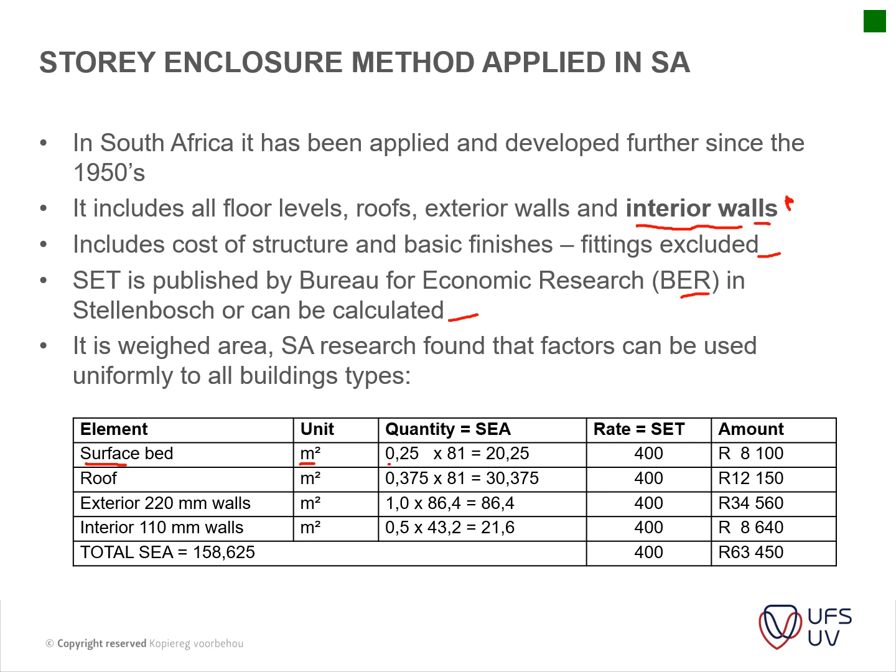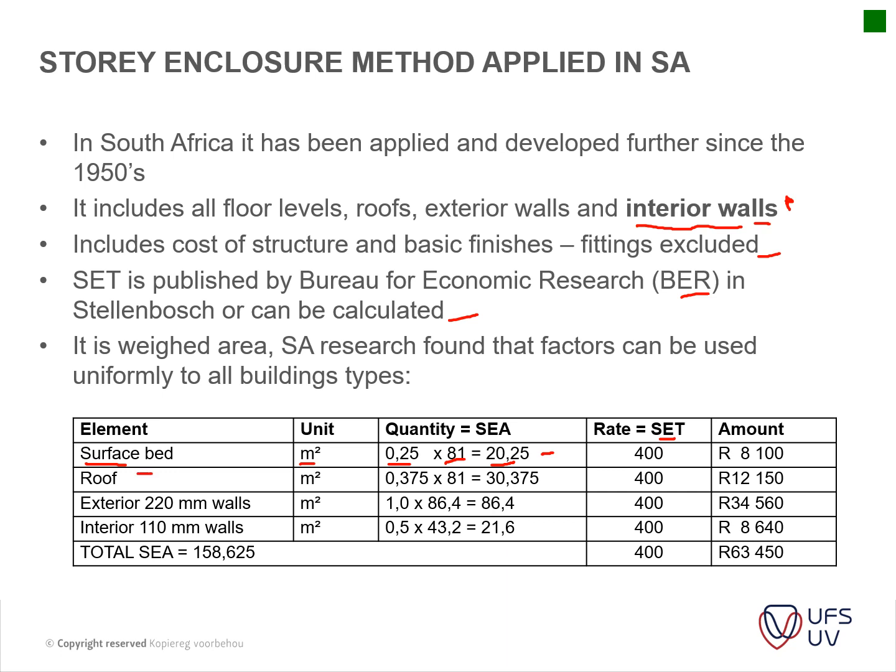So you've got a factor of 0.25 times the total area to get your storey enclosure area, and then you've got a storey enclosure rate that you multiply your building with. So basically you're calculating here first what contribution the surface beds make to the total cost of the building. Okay, what's the weight of that specific area?